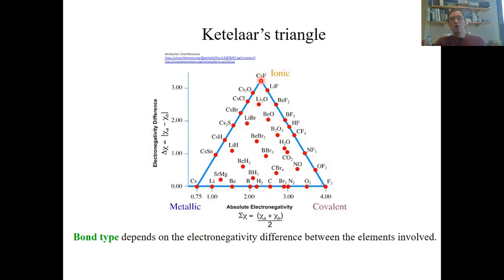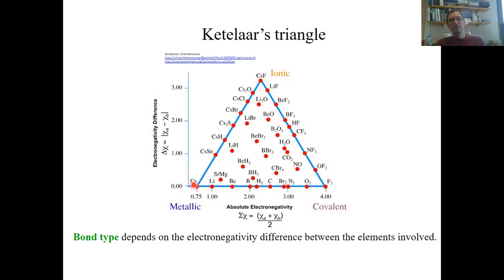All other compounds must naturally lie within the triangle formed by cesium fluoride, cesium, and fluorine, or be on the triangle. You see here on the second edge of that triangle, you have only cesium compounds. And on this edge of the triangle, you have only fluorine compounds.